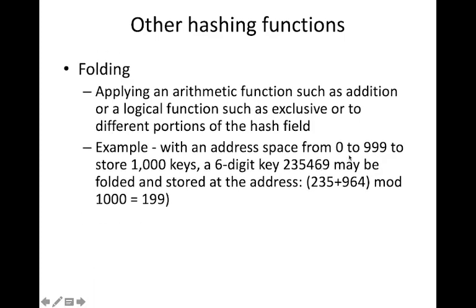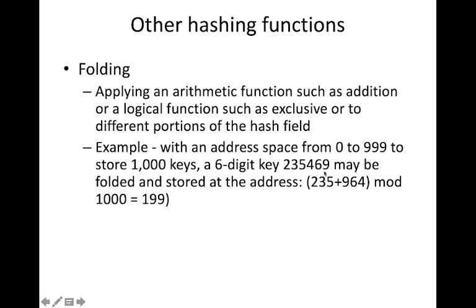For example, if we have an address space from 0 to 999, then 1,000 records can be stored in this address space. We have a 6-digit key like this, 235 691, let it be a unique number, maybe a university register number. What we have to do is folding. We take this key and perform some arithmetic operation on it. The operation here is 235 plus 964.